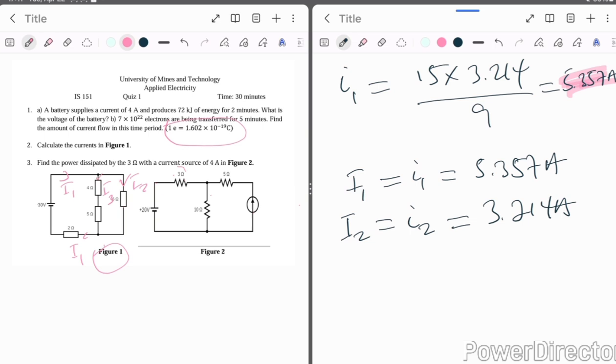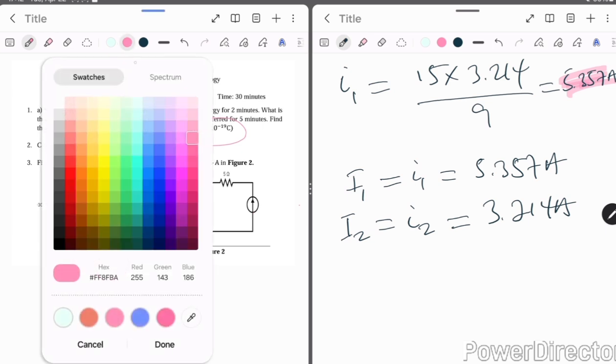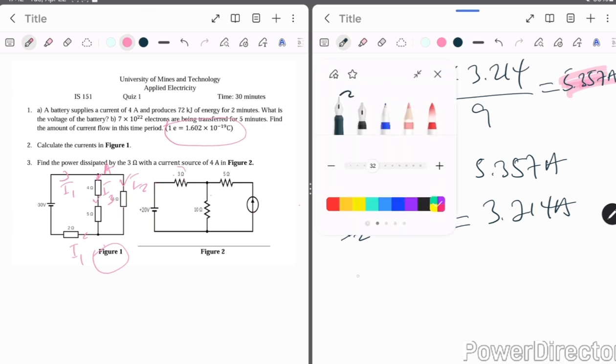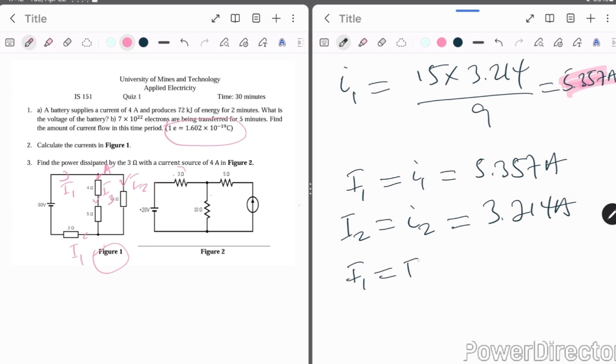In trying to get I3, we indicate the node here. Let's say node A. At this node, based on the direction of the current I've indicated, I1 is entering, and I3 and I2 are leaving. So I can write I1 equals I2 plus I3.